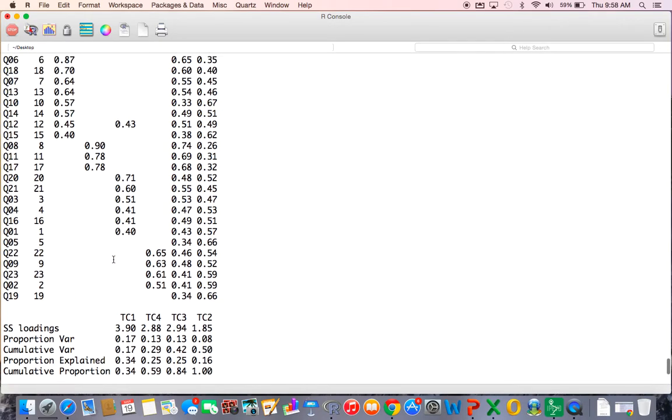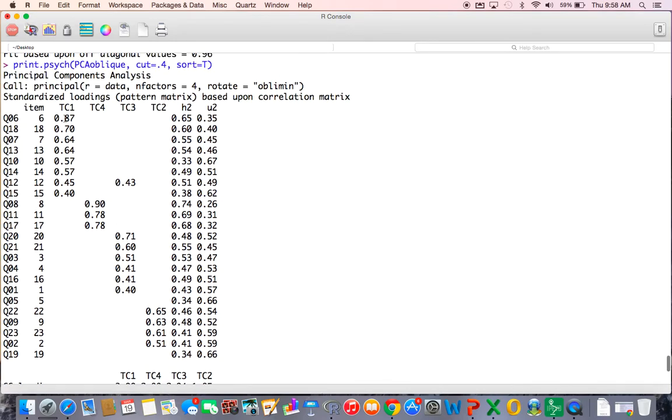Okay, now when I come back up here, I look at my component 1. I see 6 and 18 and 7 and 13 and 10 and 14 and 12. Question 12 actually loaded on a different component, this one, so the oblique gave me a little difference in question 12.